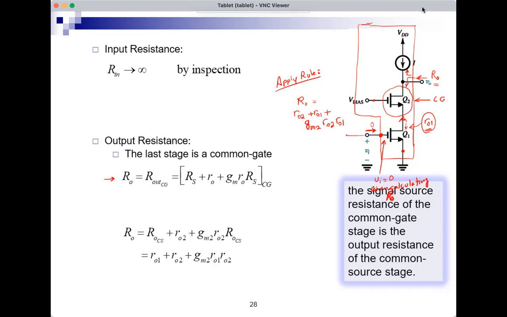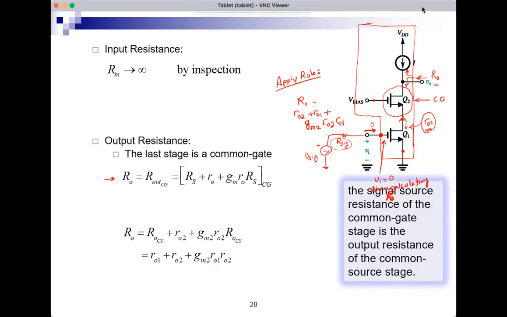So let's say there is a Vsig here, and I set it to 0, and it has an Rsig. It doesn't matter really. Rout and RO in this case will be the same. The reason is that there is no input current, so Rsig is not dropping anything. And I get the exact same expression. Rout of the cascode is equal to RO of the cascode. So whether you set Vsig to 0 or Vi to 0, you get the same thing.